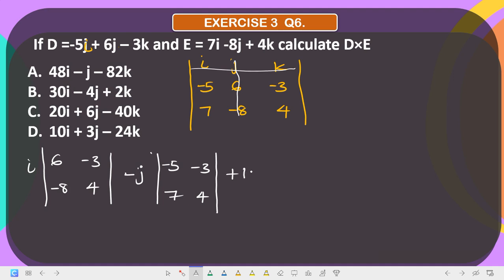Then plus K. If you cancel both the horizontal and the vertical, this and this, what are you left with? Minus 5, 7, 6, and minus 8. So at the end of the day, what are you going to have? Now, what you do normally is use this to multiply this, and then finally use this to multiply this. Are you getting it now?